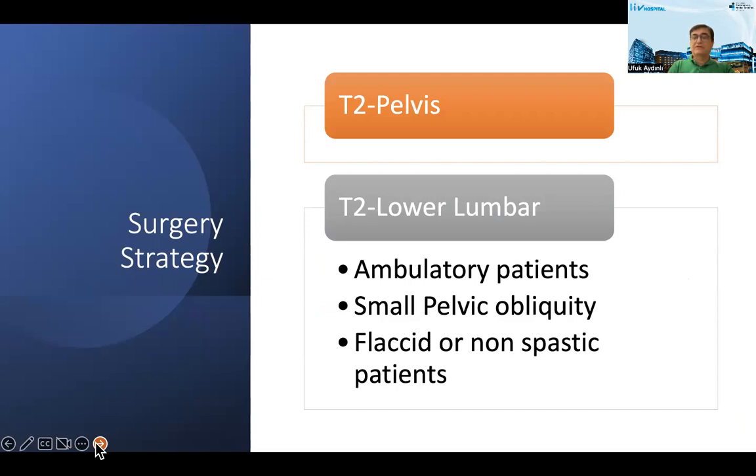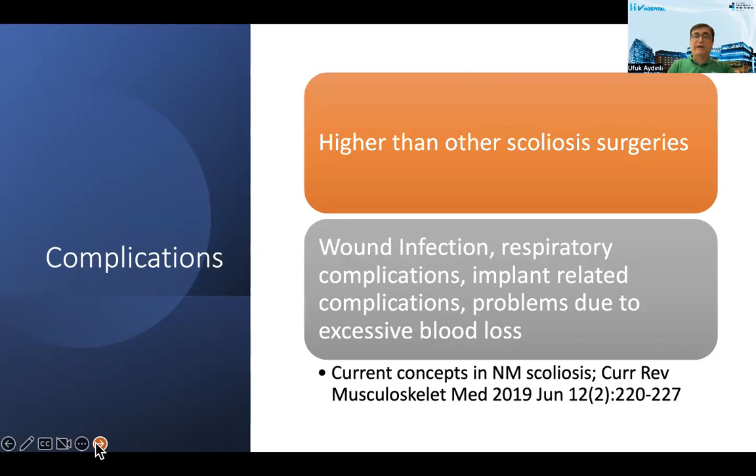If the patient is ambulatory, with small pelvic obliquity, flexed or non-specific patients can be operated from T2 to the lower lumbar area. The possible complications are higher than in other scoliosis surgery: wound infection, respiratory complications, implant-related complications, and problems due to excessive blood loss.